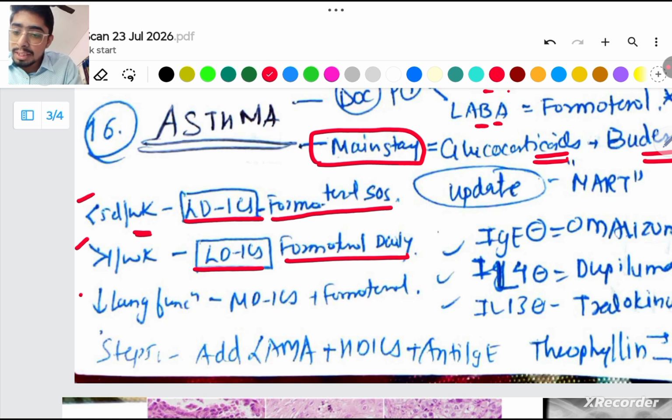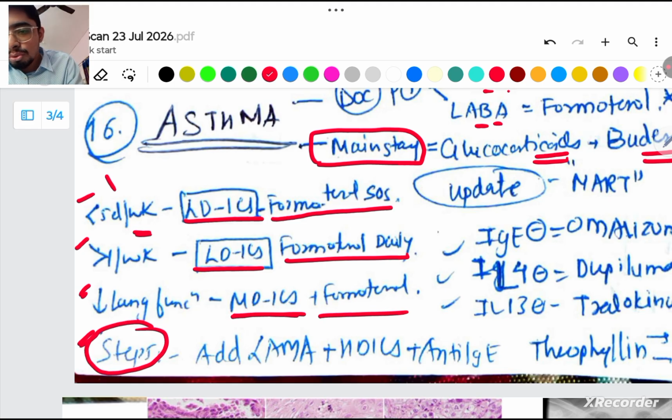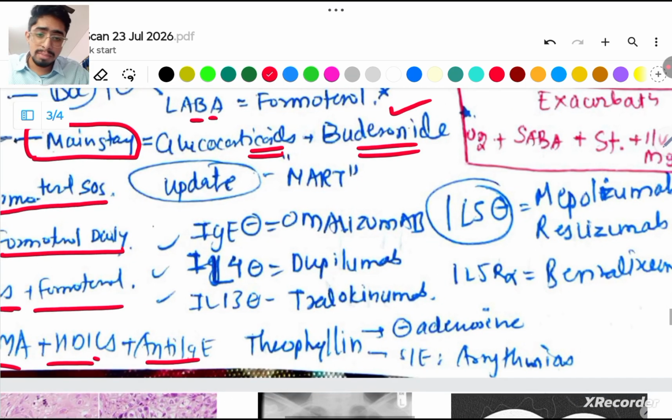All right, if there is a decrease in the lung function which you observe, we change it to medium dose ICS plus formoterol. Now step 5, we have already done steps 1, 2, 3 and 4. Let's talk about step 5. We have LAMA plus high dose ICS, which is high dose steroids, and anti-IgE agents. Okay, so this is your protocol for treatment of asthma or asthmatic patients.